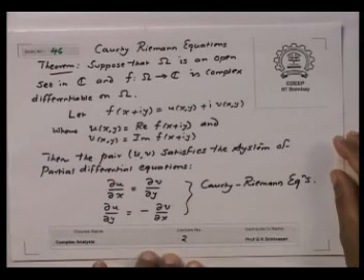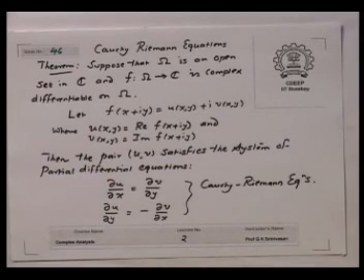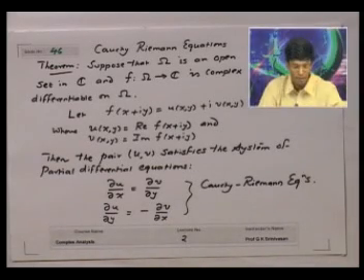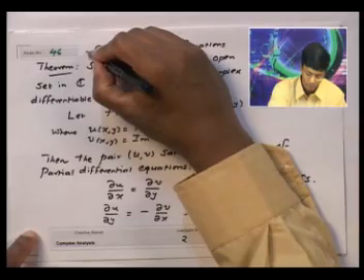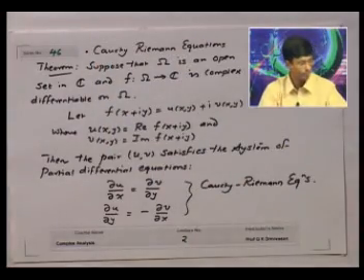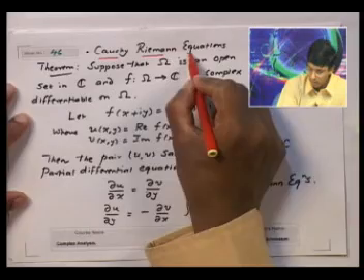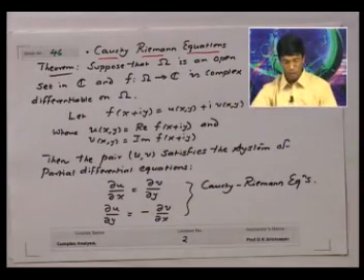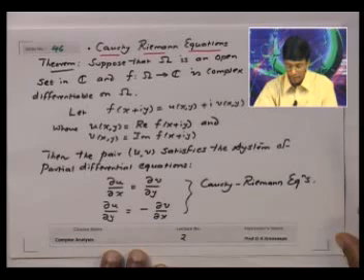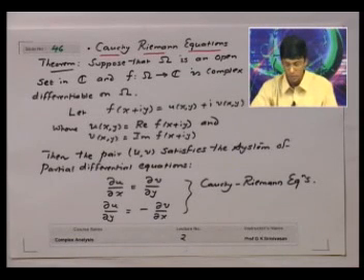Next, let us come to the very important topic, Cauchy-Riemann equations. This is really a subtopic, if you will. Now, suppose you have a function f defined on omega, which is complex differentiable on omega.